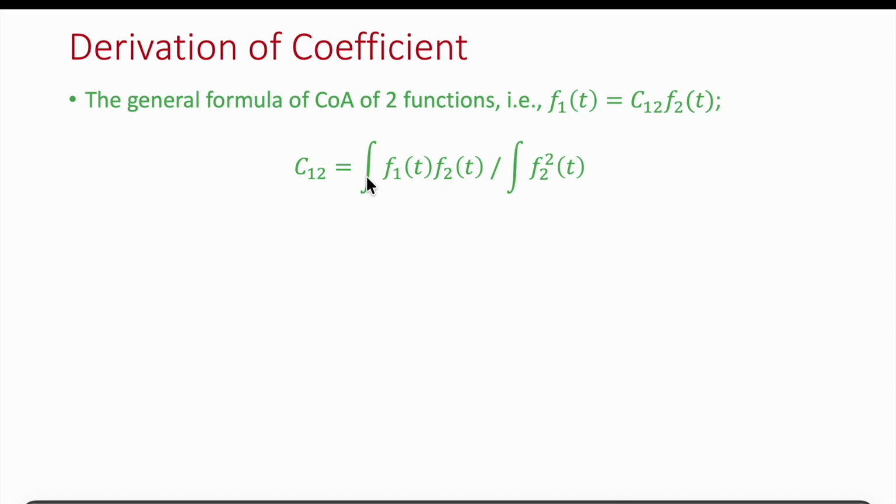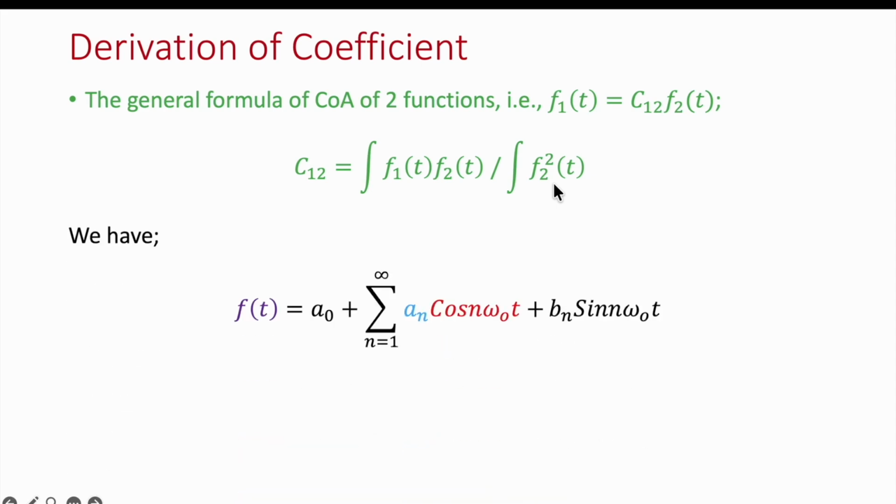So you can say the integral of the first function multiplied by the second function, divided by the integral of the square of the second function. We have already given that function for the trigonometric series: f of t is equal to a naught plus the summation of a n cos n omega naught t plus b n sin n omega naught t.